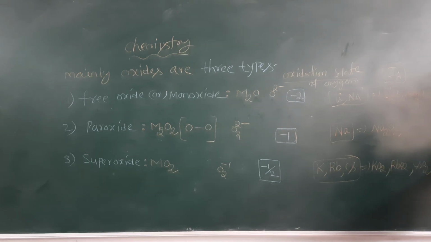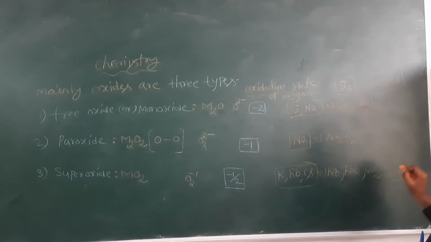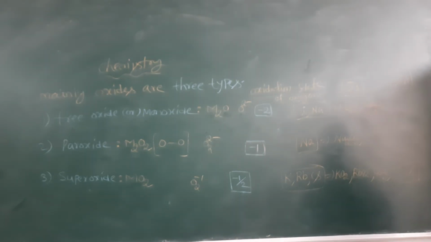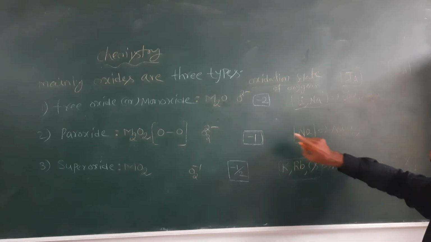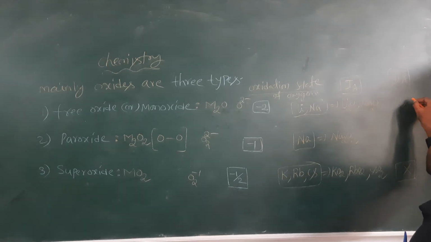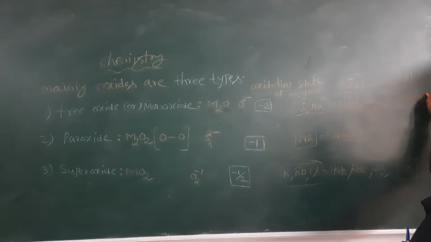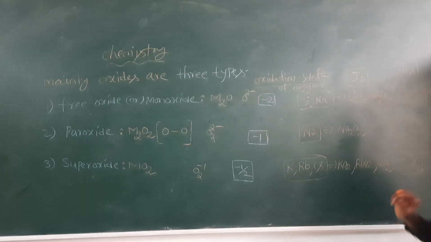In the case of the second A group elements, there is no formation of superoxides. They give only monoxides and peroxides. Beryllium, magnesium and calcium give only monoxides, of MO type.